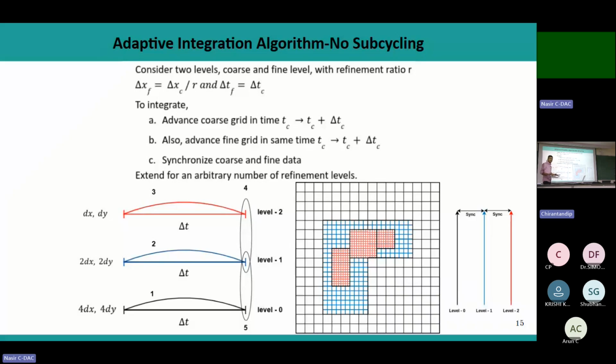If we complete the integration, then we can synchronize the solutions, using the solution on this for the coarser level. That is called synchronization. The same thing we will discuss later, how to do synchronization. That is a time step.